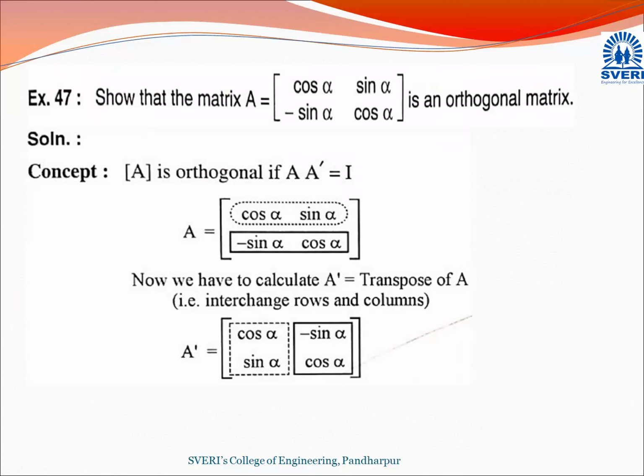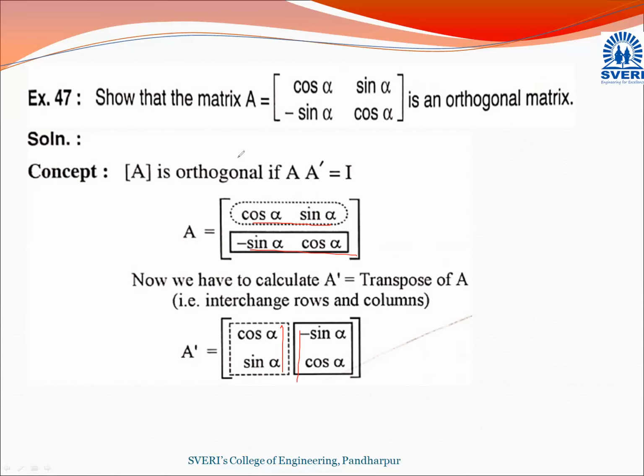Now in this example, we have matrix A with elements cos alpha, sin alpha, minus sin alpha, cos alpha, and we have to show that it is an orthogonal matrix, that is, A into A transpose is equal to I. This property we already know. Then its transpose: the first row is considered as the first column and the second row as the second column.